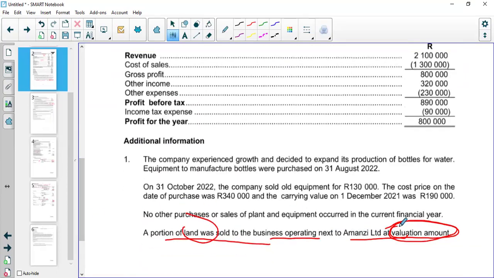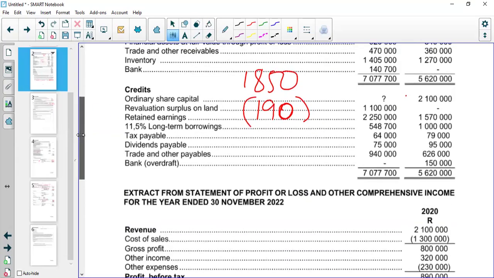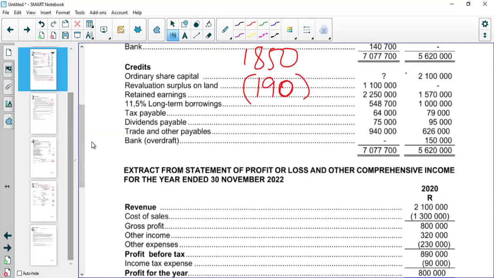So there's a carrying amount of 190. All right. Included in here, this was removed. So we removed that 190. The whole 190 was removed because it's sold. And the 190 is the carrying amount of what was removed, so we remove it together with all the depreciation that was remaining.